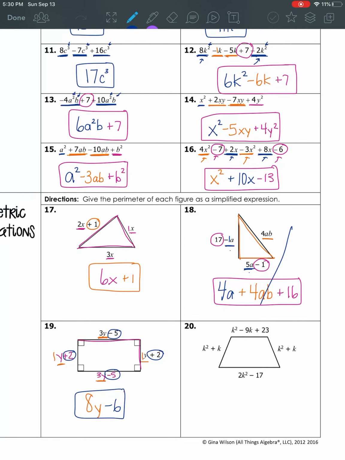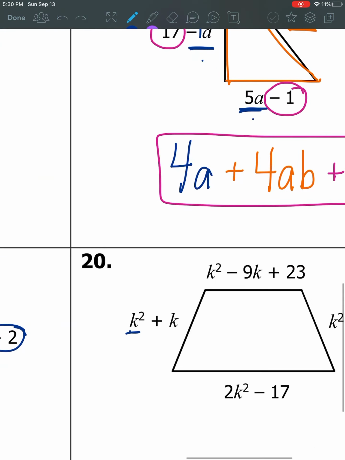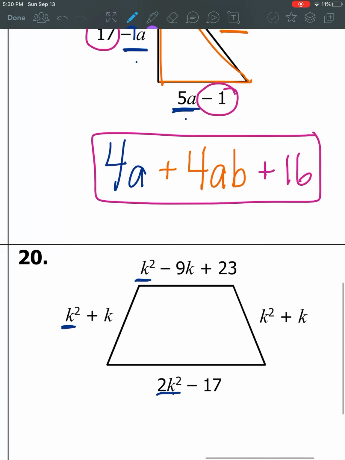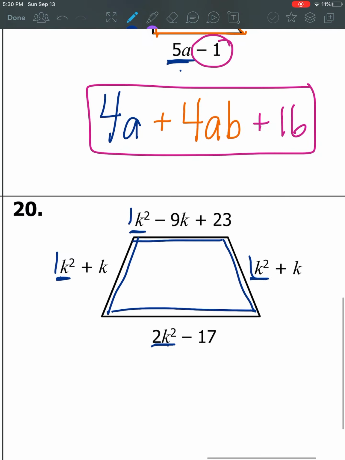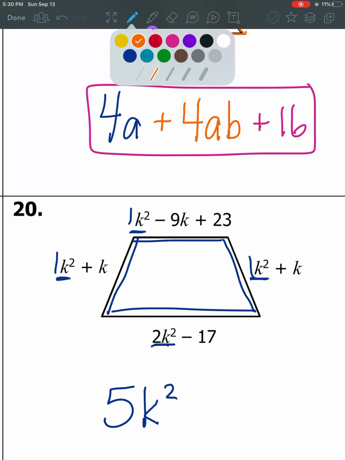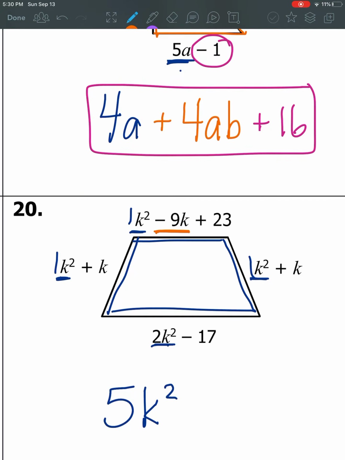And last one, we have lots of terms in this one. Let's start with the highest exponent, so the k squared. So we have k squared, 2k squared, and k squared, okay? And that does consider all 4 sides. So remember there's 1 here, there's 2, 3, 4, 5. So we have a total of 5k squared. Okay, let's go to the k's.